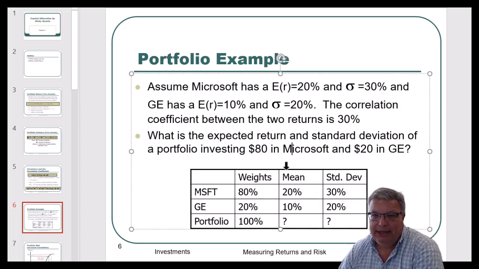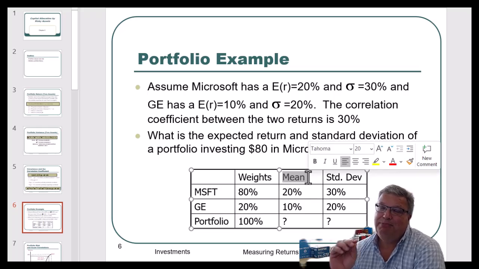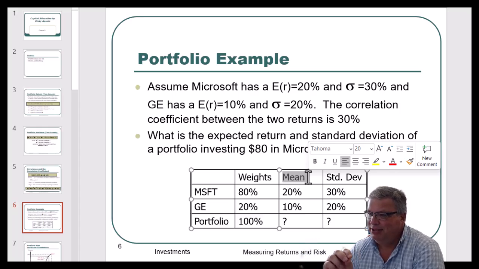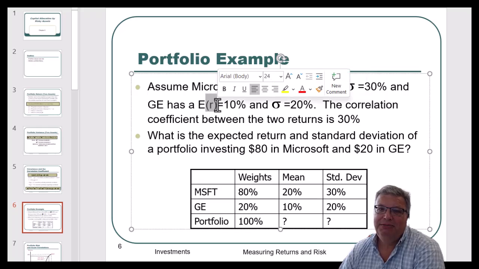All right, and this right here, the mean, well, it's the expected return for a stock. This goes back a little, maybe last chapter or so, and is going to be the historical average or mean. So that's where that comes from. E with parentheses around it just means what we expect to happen for the return.